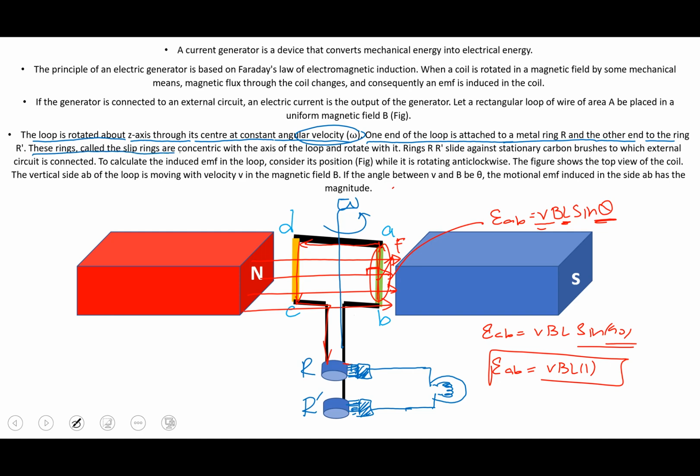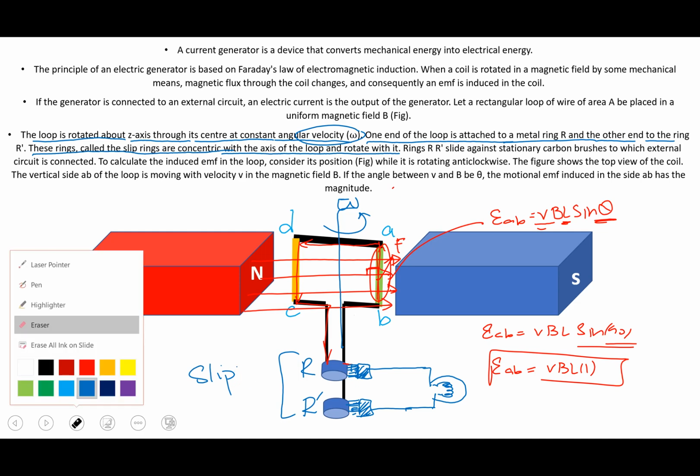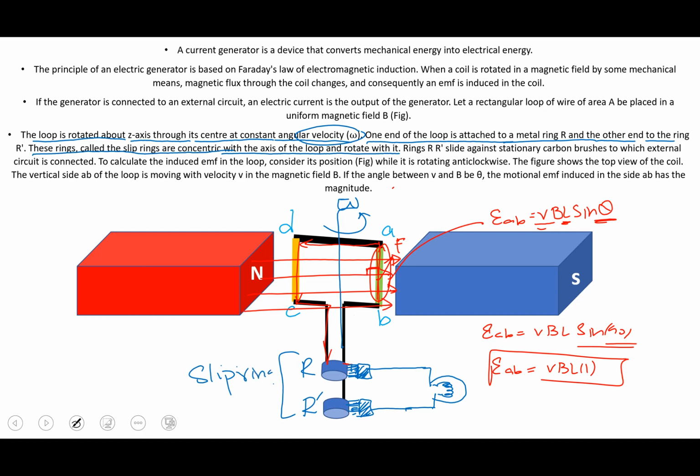These rings are called slip rings and are concentric to the axis of loop rotation. These two rings, that means R and R dash, both combined are known as slip rings. I'll write that again. Slip rings. And these rings basically rotate as the coil rotates as well.